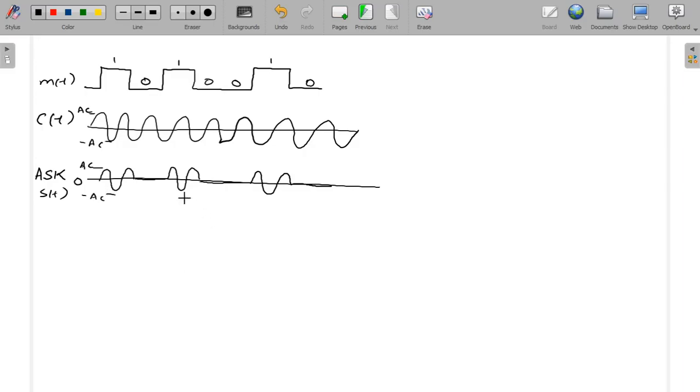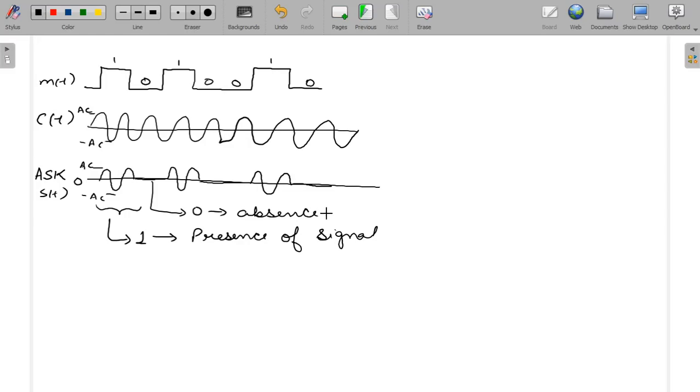Okay, so this is the presence of signal. 1 represents presence of signal. And this 0 represents absence of the carrier signal in ASK. And ASK is also known as on-off keying.